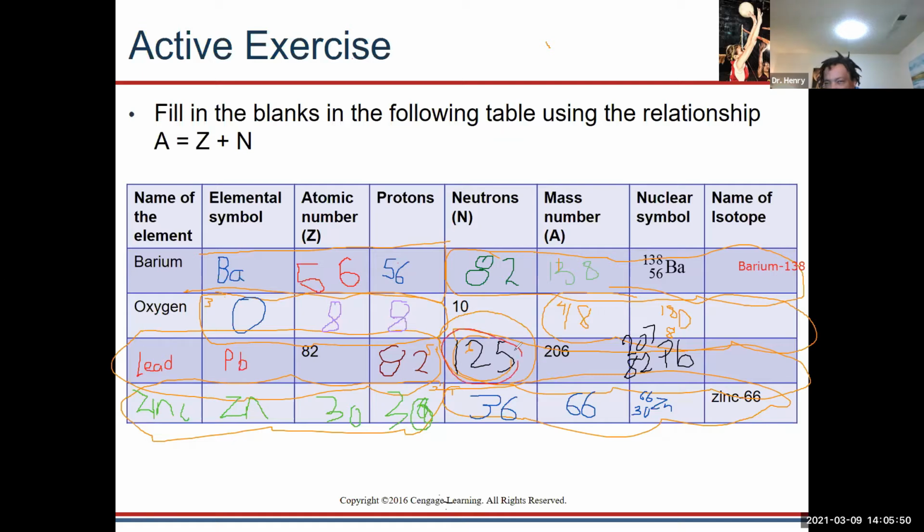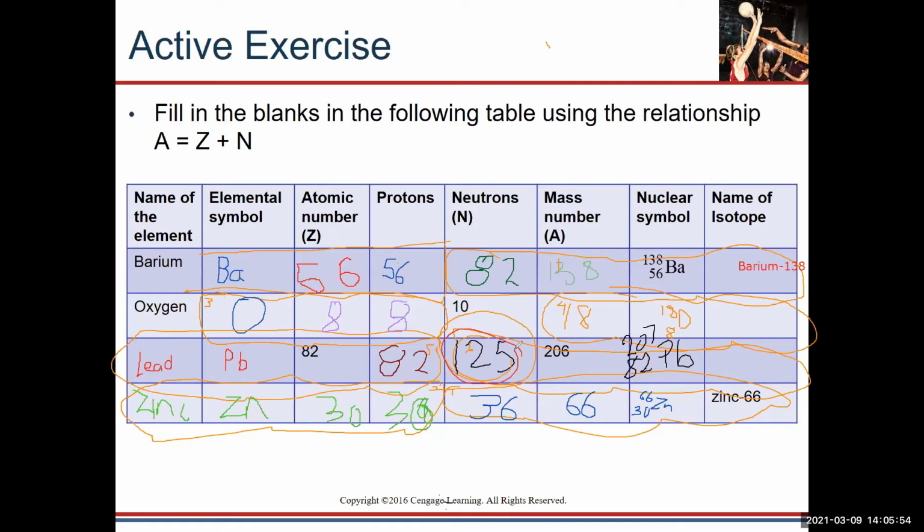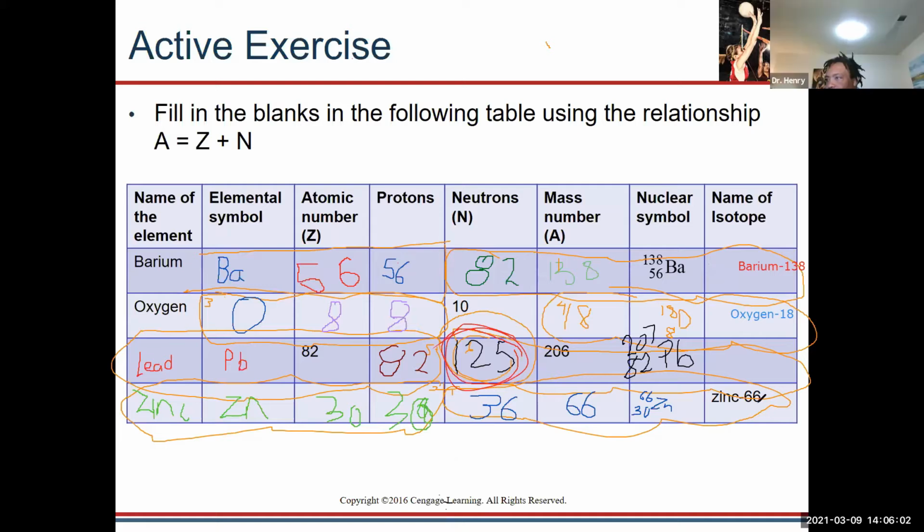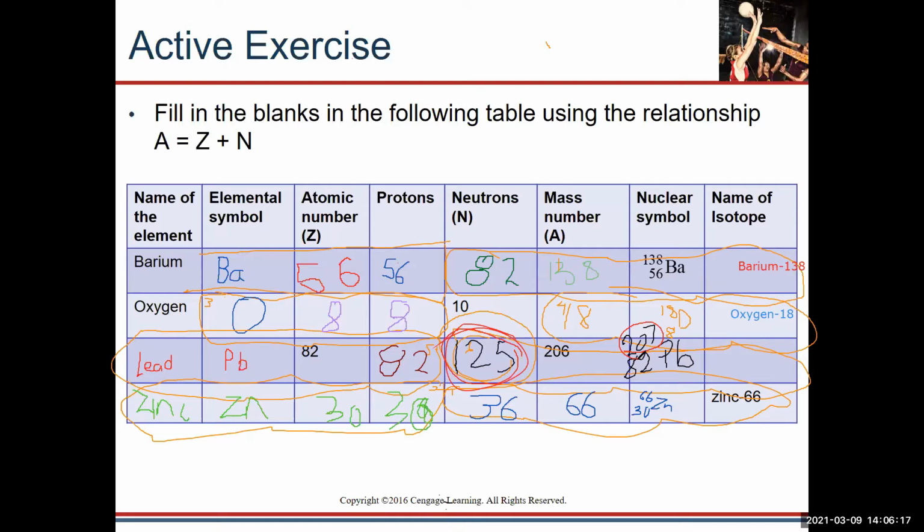This guy. I honestly don't know why I put 125. And then this guy right here. Let's see the math. We didn't get this far, so I was trying to figure it out right now.